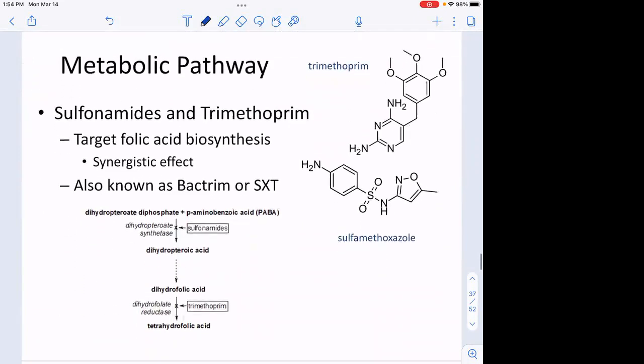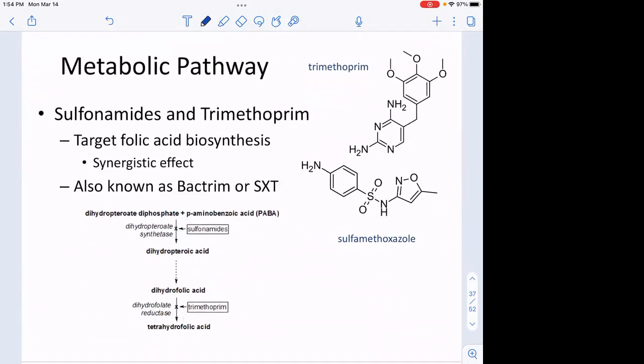All right, so I know I've run through a lot of different drugs. We've got one more to talk about, and it's really one good example of a drug that can target a metabolic pathway that bacteria have that we don't. Those are our sulfa drugs. If you look at the mechanism here, this is the pathway that bacteria use to synthesize folic acid.